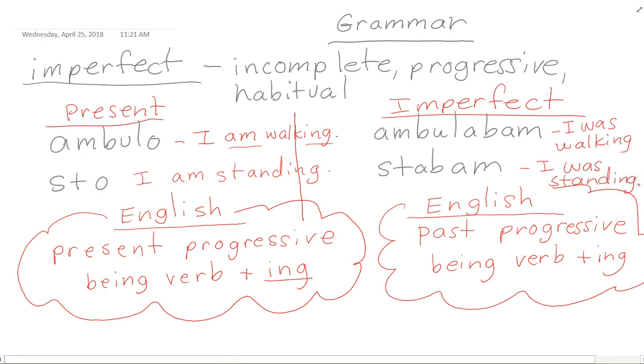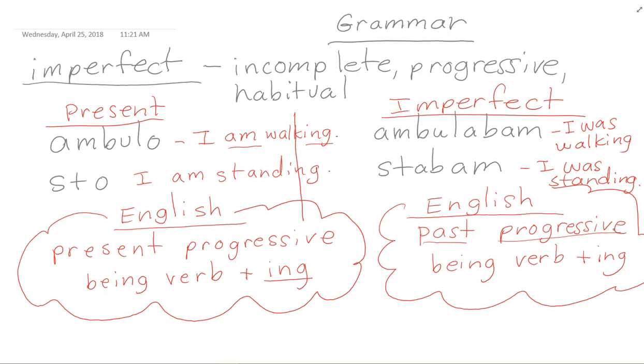And all of the ways that we translate the imperfect in Latin are all equivalent to a past progressive translation. Now that might not mean a lot to you, but progress, something that is happening over time. I was walking. I used to walk. That was something over time. I kept walking. You can see the time passing.